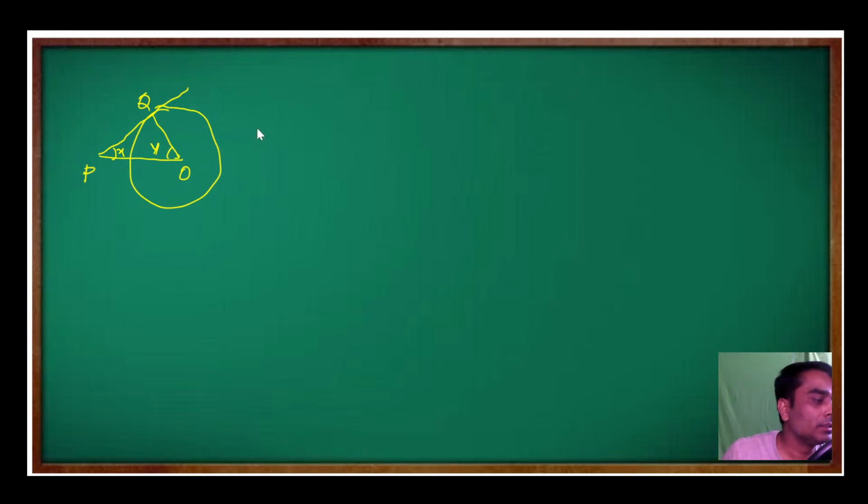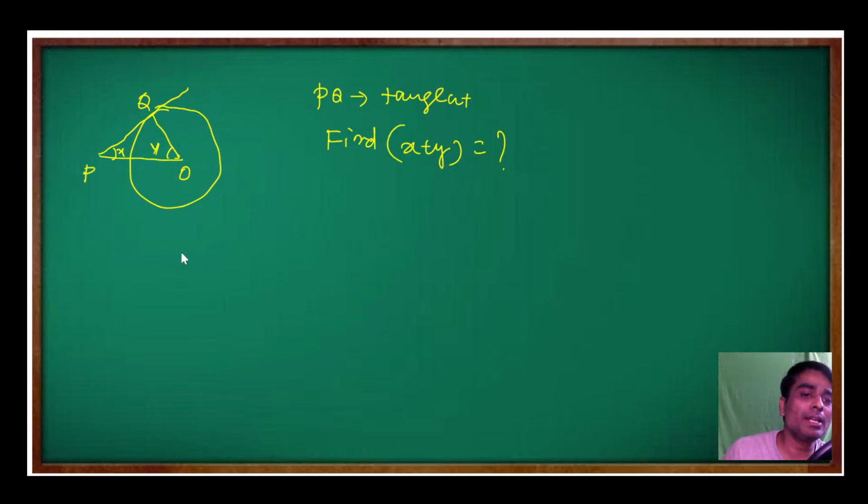Here in the figure, PQ is a tangent, and find x plus y. Find x plus y means angles. We need to add these two angles. What is the value? So how will you proceed?